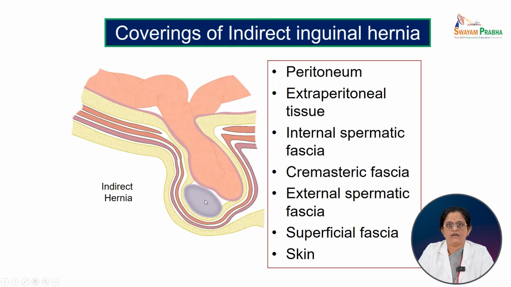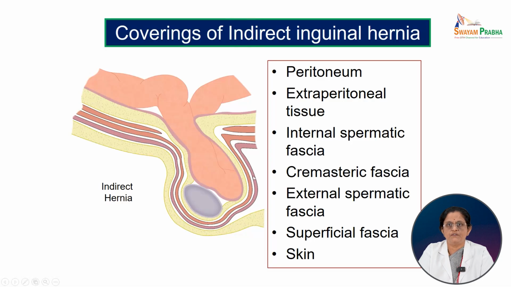So, let us look at the coverings of the indirect inguinal hernia. You can see that this is the pouch of peritoneum, extraperitoneal connective tissue. Then you have the internal spermatic fascia which is derived from the fascia transversalis. Then you have the cremasteric fascia which is derived from the internal oblique and transversus abdominis.